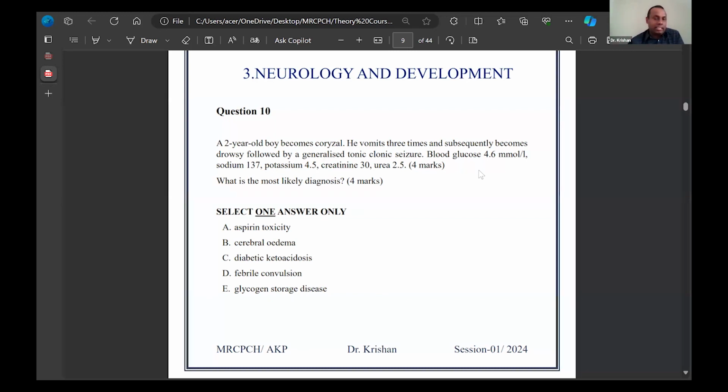But given the history of a child who was coryzal a couple of days ago and now having seizures, they ask, what is the most likely diagnosis? If you are working in one of the UK hospitals, when this child comes, when you are the registrar, are you going to jump and do a CT scan is the question that is tested here. No, because very likely this is a febrile convulsion.